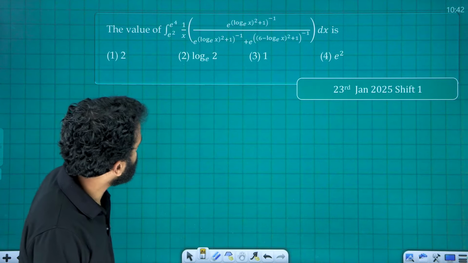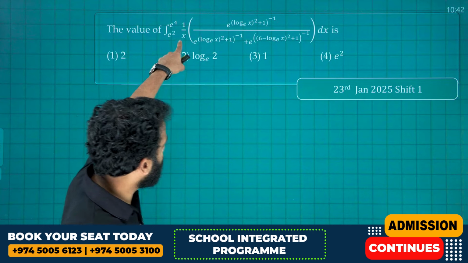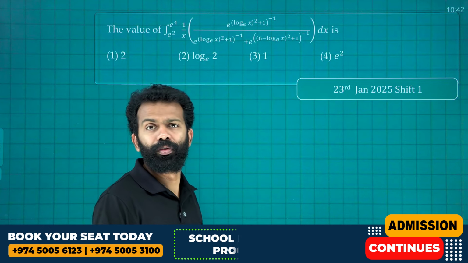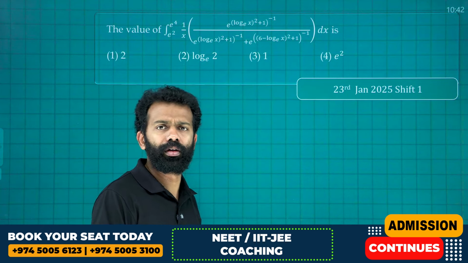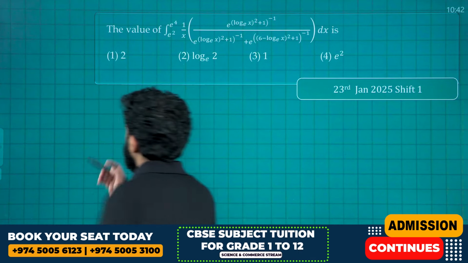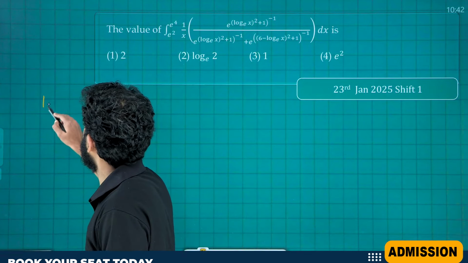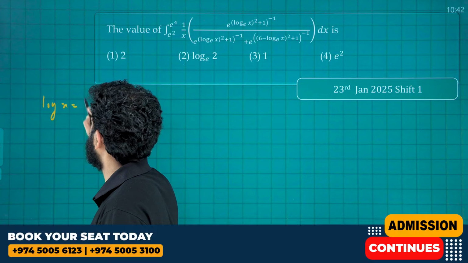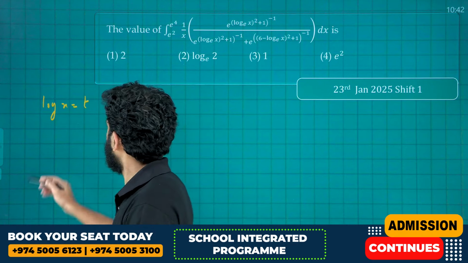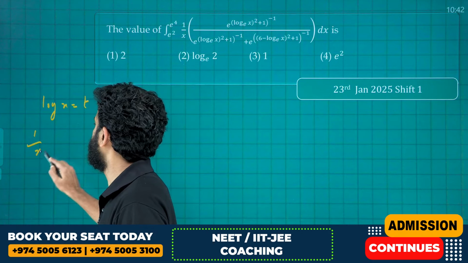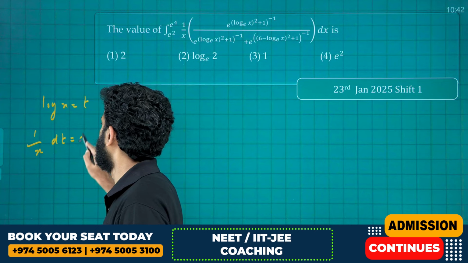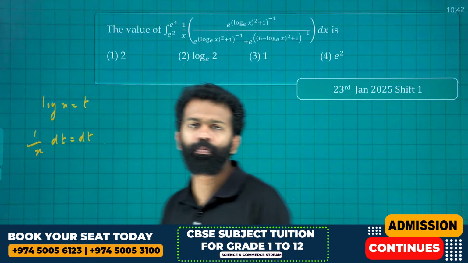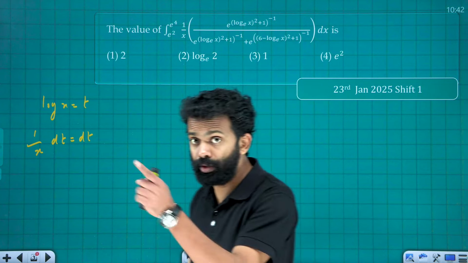So our approach is, since there is a 1 by x here and there is a log x here, what should we do? Just substitute log x is equal to, let's say, t. If you differentiate it, you will get 1 by x dx is equal to dt. Okay, so what will happen to the upper limit and lower limit according to the substitution?